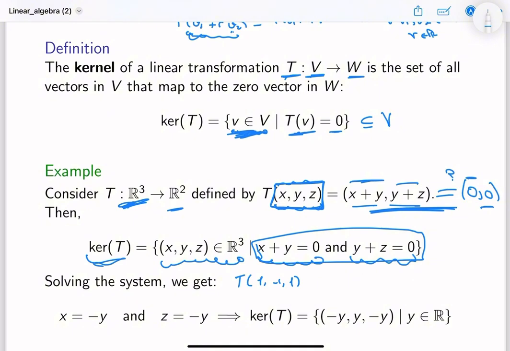Because if you take T of this vector, you get the first component plus the second component, which is 0, and then the second component plus the third component, which is also 0, and thus this is the 0 of R2, and thus 1, -1, 1 is in the kernel of T.